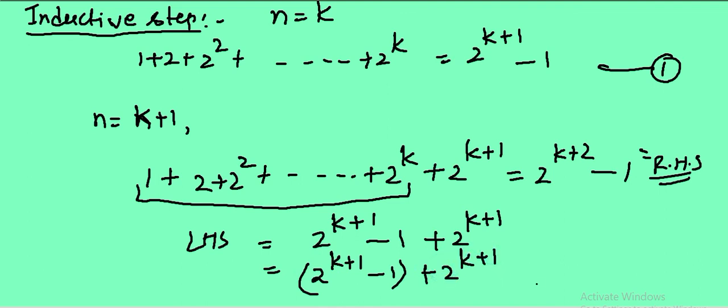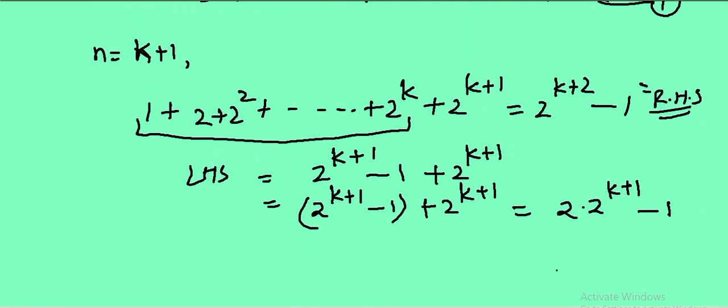And we can write it as 2 into 2 raised to k plus 1, minus 1. The powers will be added, so it will be 2 raised to k plus 2 minus 1.